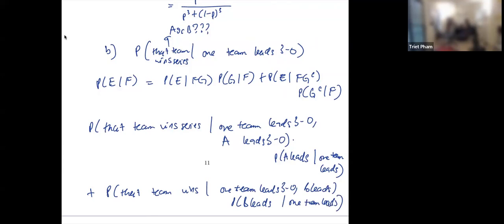Does that make sense? So this is the law of total probability, conditional version. But the information we need to clarify this structure is exactly who leads 3-0. We put that in, and pay it back by the conditional probability. Are we okay? Any question about this?